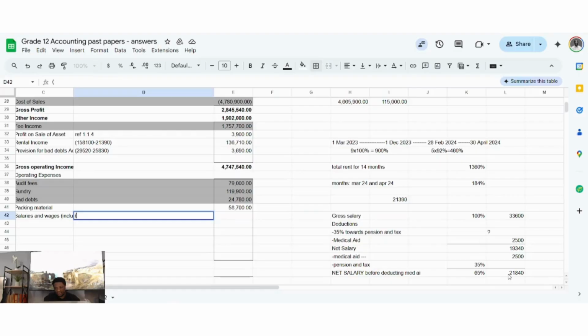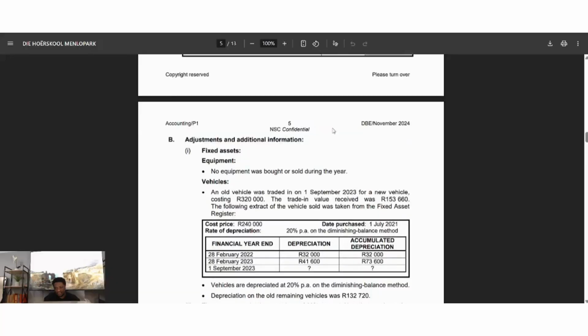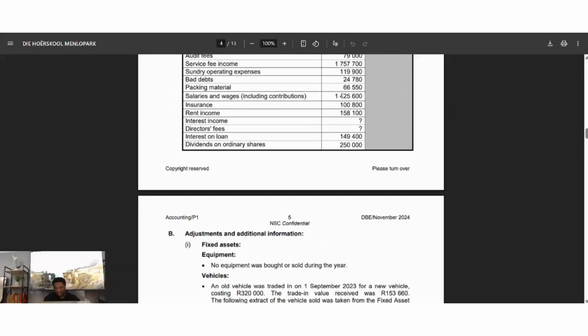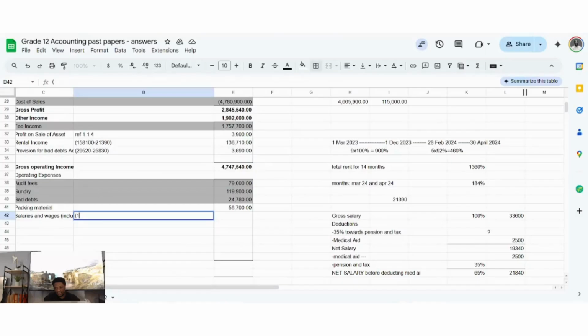And then when we do our calculation here, we're going to start with the amount from the pre-adjustment trial balance, which is 1425,600. And then you're going to say plus 33,600 because that employee was omitted. And then now we also need to add the contribution. If you remember, the contribution is 10% of the gross salary towards the pension.